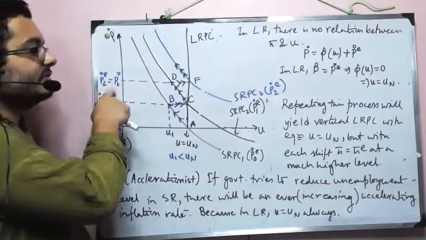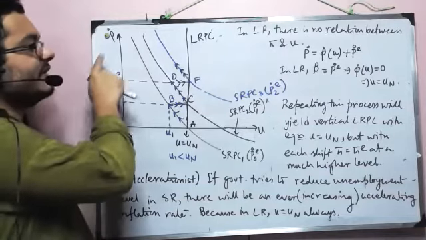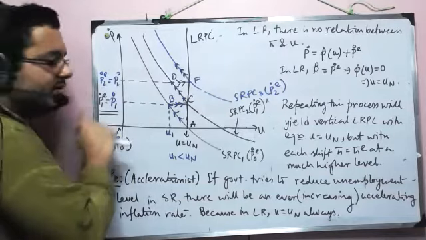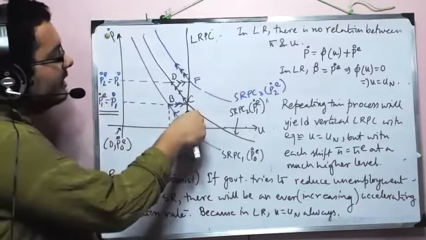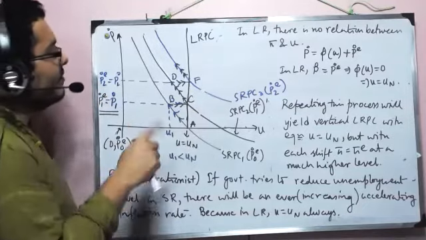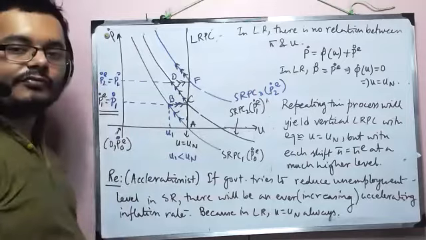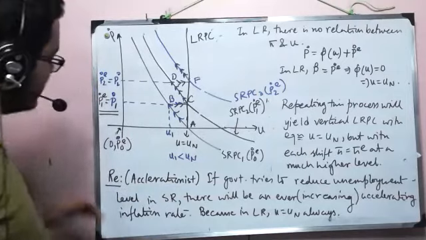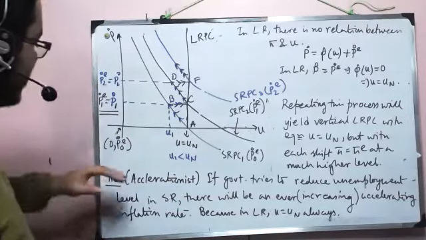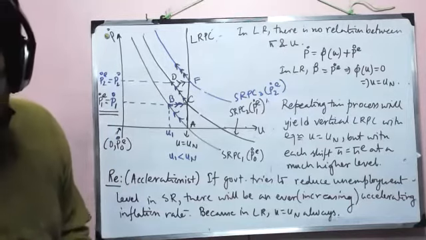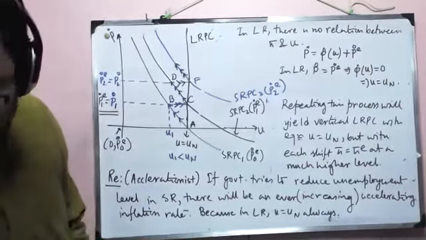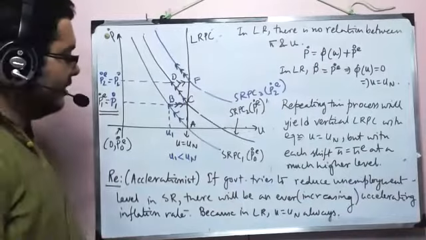Right? Higher and higher actual price level is being achieved. So that means in the long run, you are actually achieving nothing apart from inflation. Okay. So that's the policy prescription, or the result, of accelerationist.